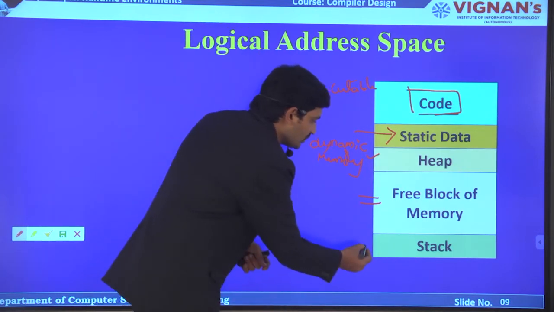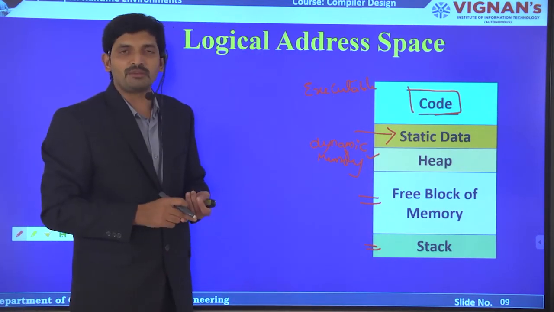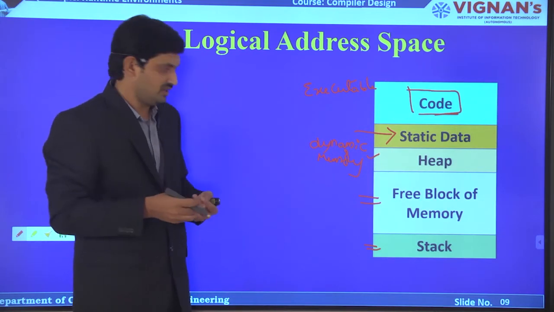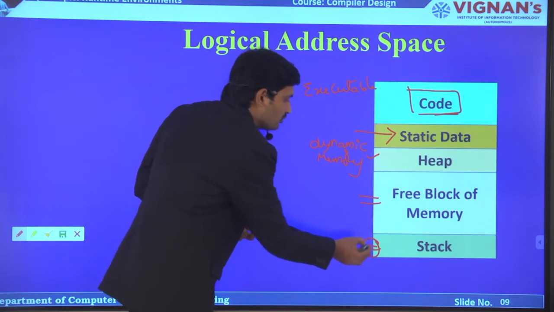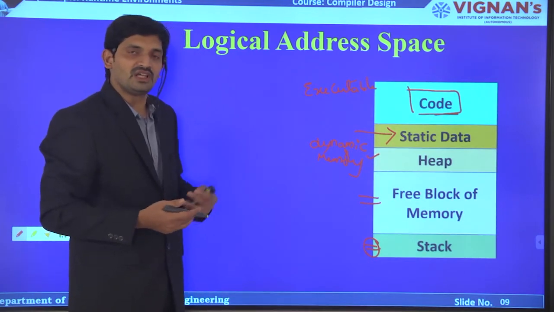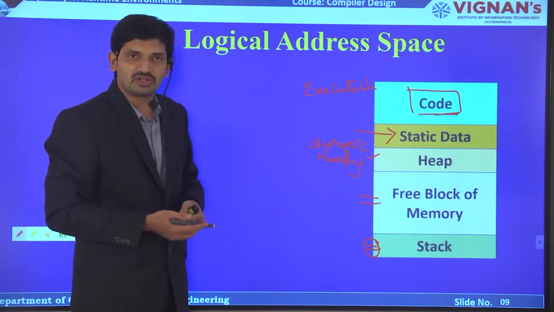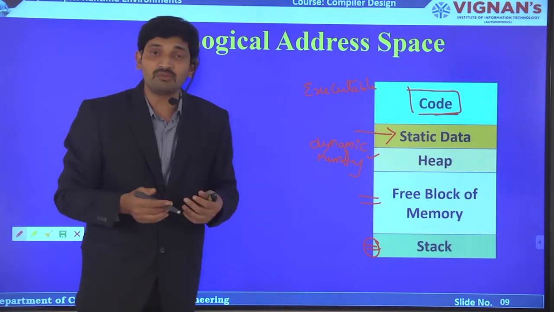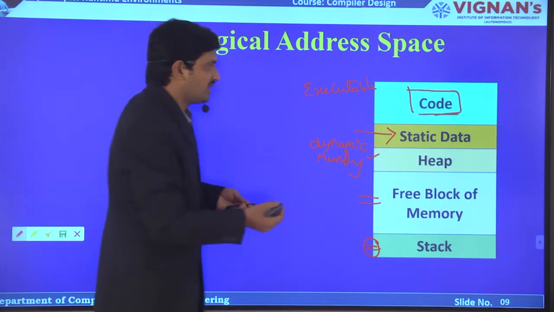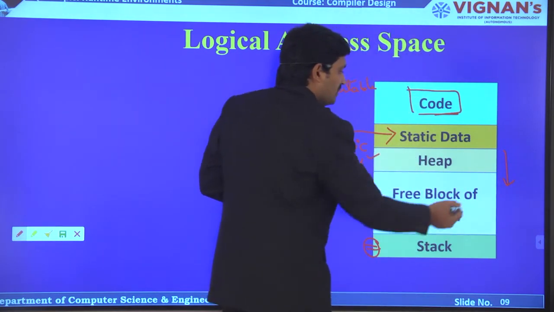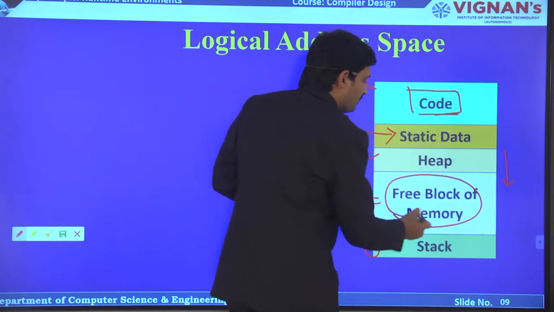And finally, this one is the stack. If our program consists of a function call or procedure or recursion or anything, this block is going to be used. Suppose our program has many dynamic allocations, that means at runtime we allocate much memory, then this heap is going to increase in this manner, because this is the free block of memory.